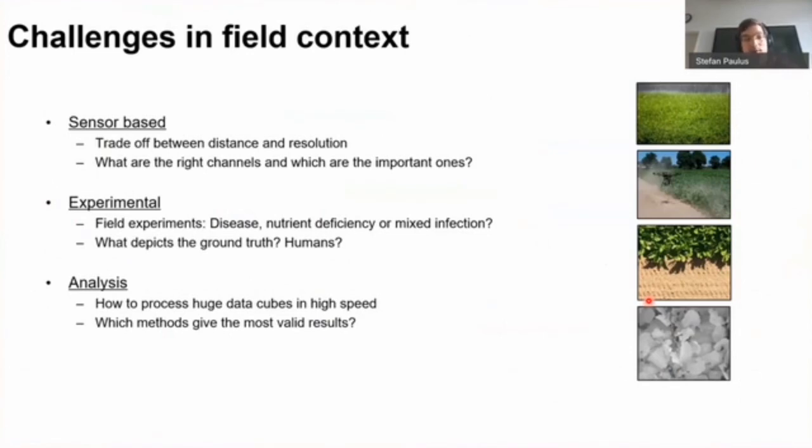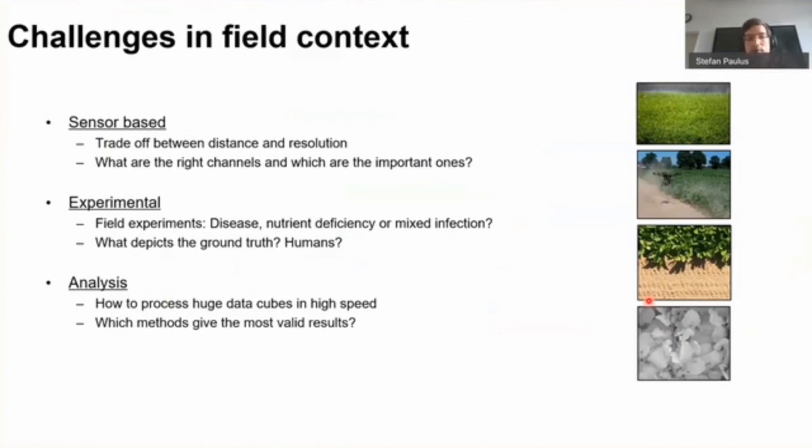What are the right channels and which are the important ones? Or if we talk about the field experiment, do I really measure my disease or a nutrient deficiency or maybe a mixed infection? How can I be sure that what I measure is disease? And who depicts the ground truth? Just the humans, or can I get anything else?